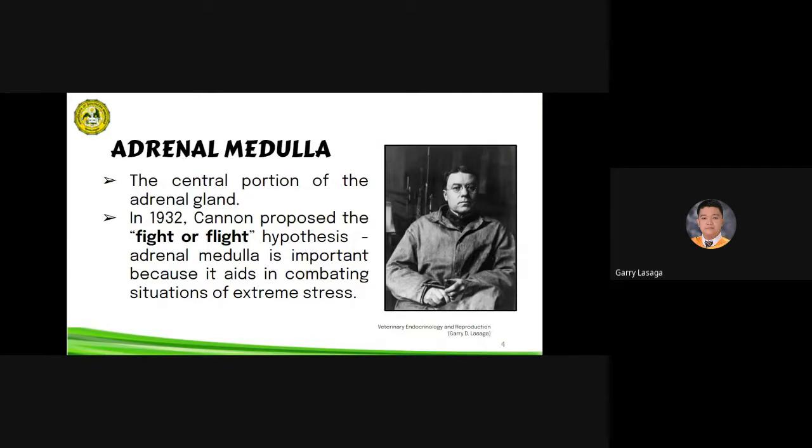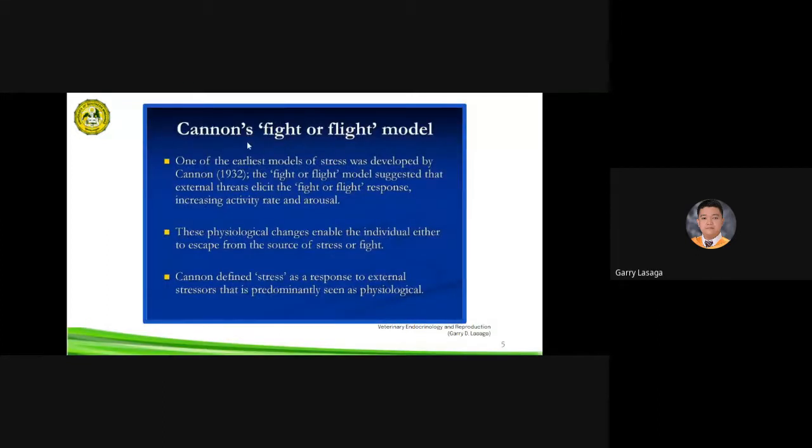And the fight or flight response was coined by Walter Cannon. According to the fight or flight model that was proposed by Walter Cannon, external threats will elicit the fight or flight response.